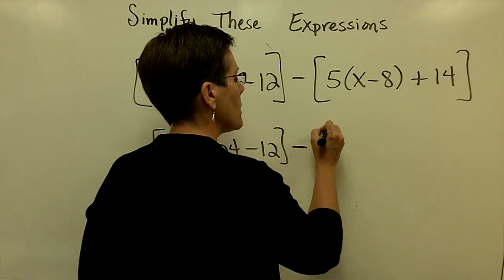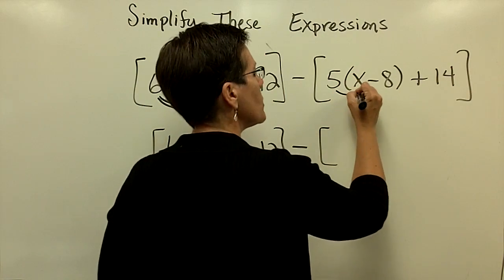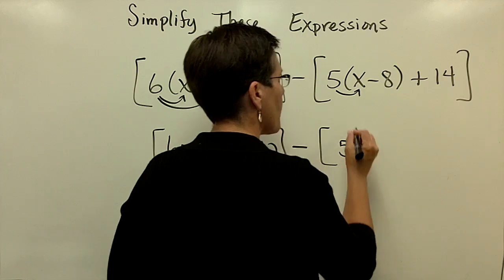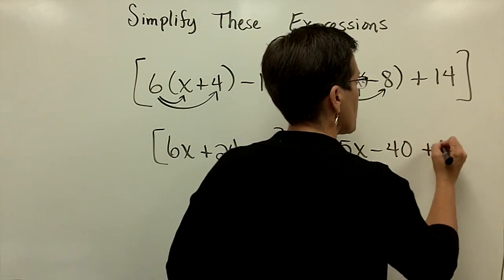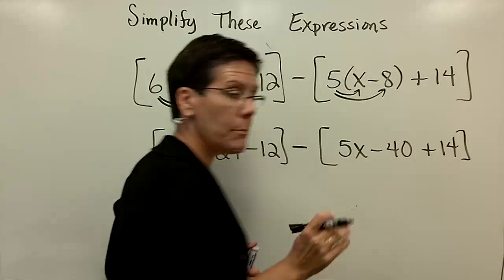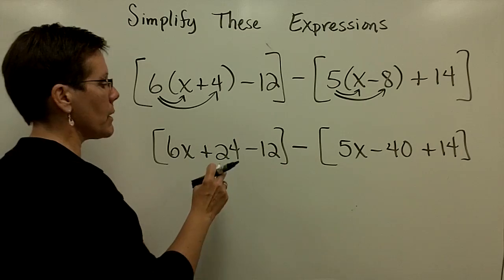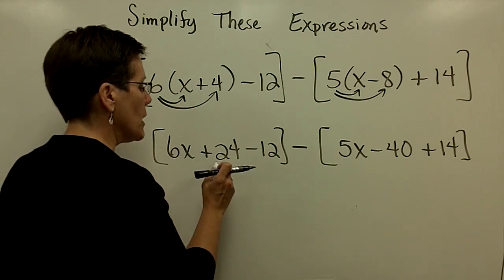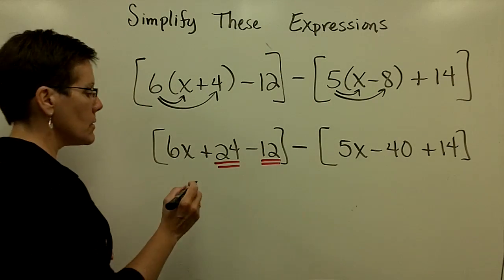Leave this minus sign alone until you've done everything inside of here. So I must distribute the 5 times x and get 5x, and 5 times a minus 8 and get a minus 40. I prefer, it's not necessary, but I prefer to collect my like terms within my grouping symbols before I go any further. So this positive 24 minus 12 is 12.